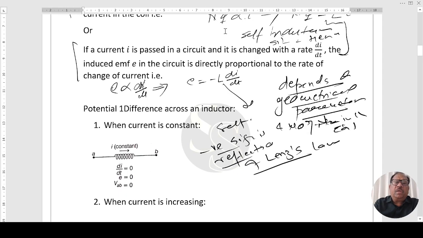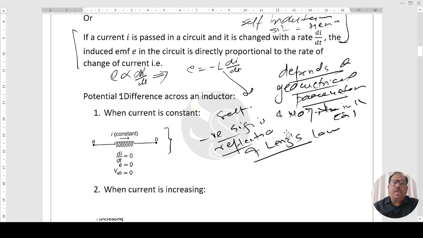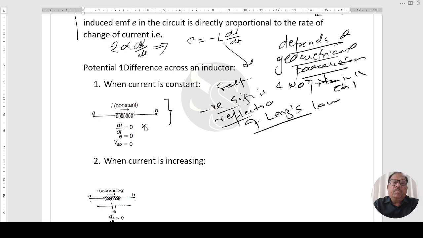Now, potential difference across an inductor. When current is constant, when di by dt is 0, means EMF induced will be 0, that is VA minus VB will be equal to 0, that is VA equal to VB. If rate of change of current is 0, both will be at the same potential.